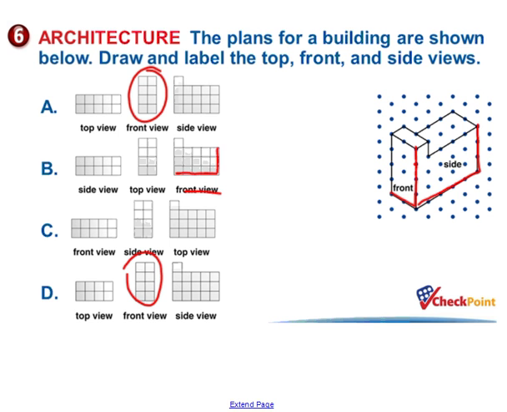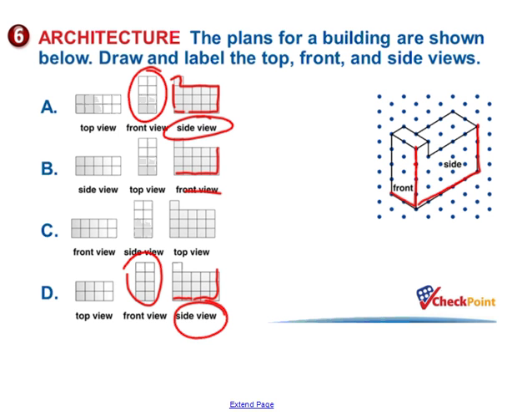But that says front view, so it's got to be this one up here, side view. 5, 3, come back 4 and up 1. So this looks okay for a side view. This also looks okay for a side view. So I've narrowed it down to either A or D.